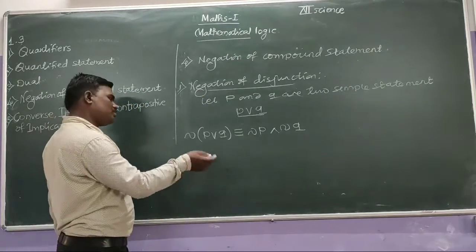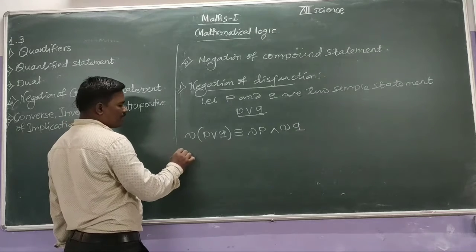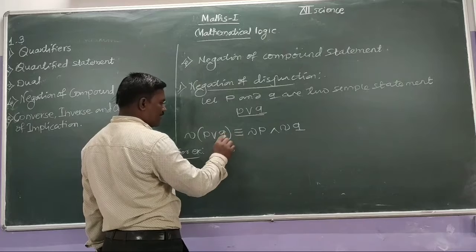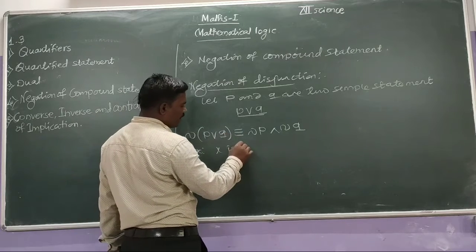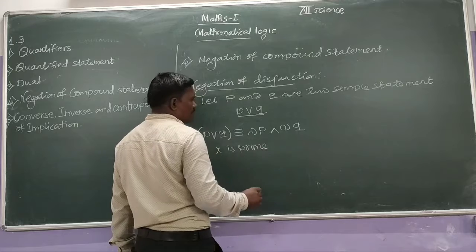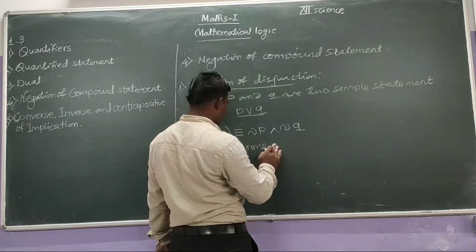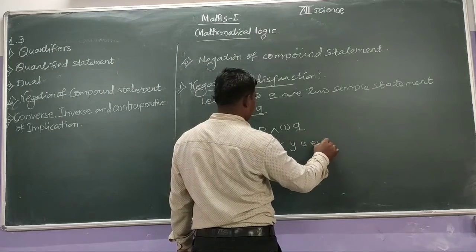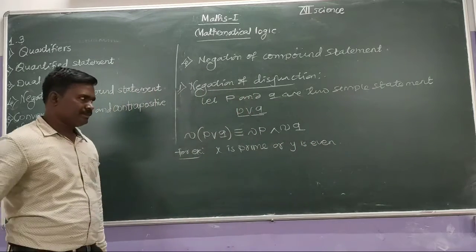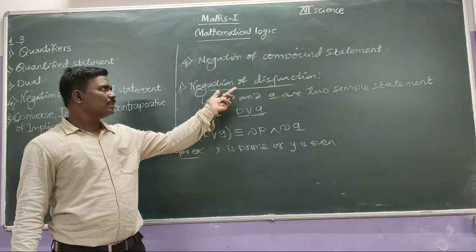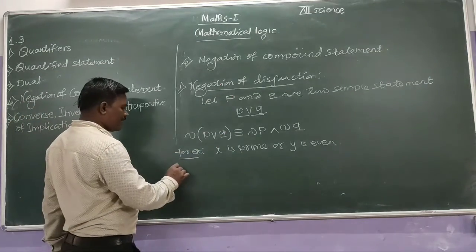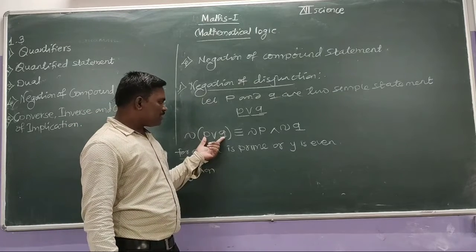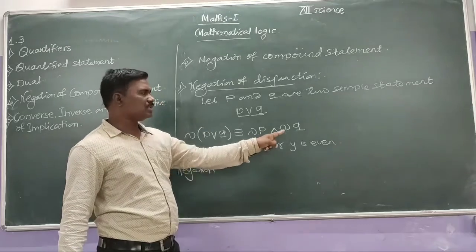For example, let us take the same example again. x is prime or y is even. This is the compound statement, which is a disjunction. If we want its negation, then the negation of p disjunction q is negation of p conjunction negation of q.